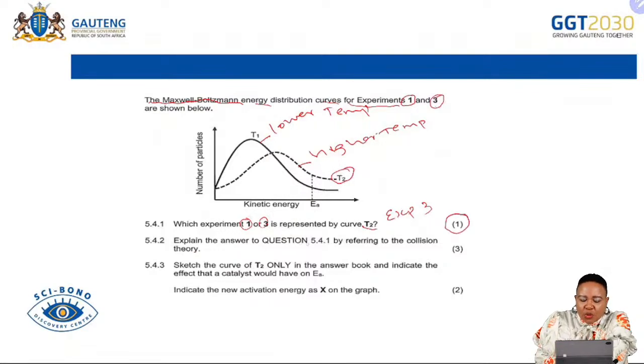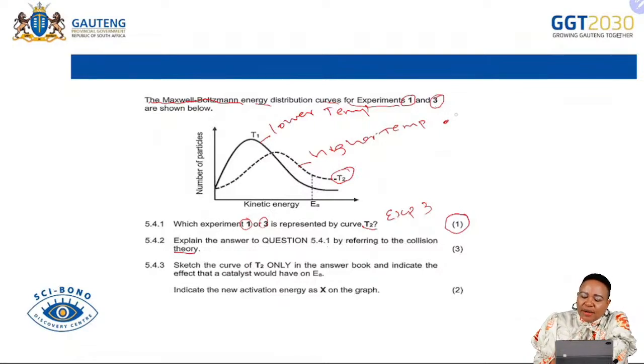Explain the answer in question 5.4.1 by referring to the collision theory. Remember, I told you that collision theory must be used in order to explain how each factor affects the rate of reaction. So we need to recall. You can just go back and recall the bullets on how temperature affects the rate of reaction.